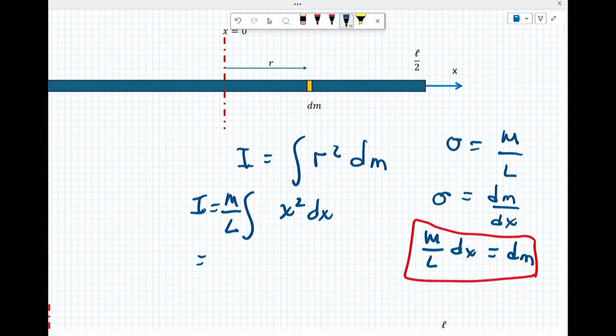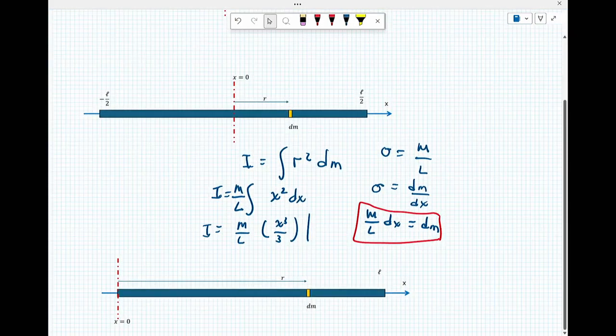If I do that, I can just substitute in m over L x cubed over 3 integrated. And here's where my first problem comes in. I've got to make sure I have the right integral values. I go from minus L over 2 to plus L over 2. So I'm going from the beginning to the end in this particular part of the problem. So it's minus L over 2 to L over 2.